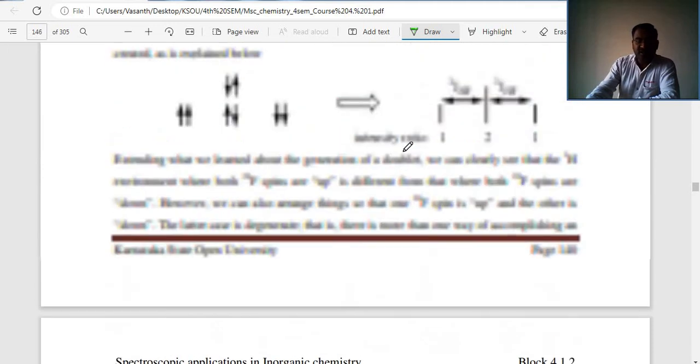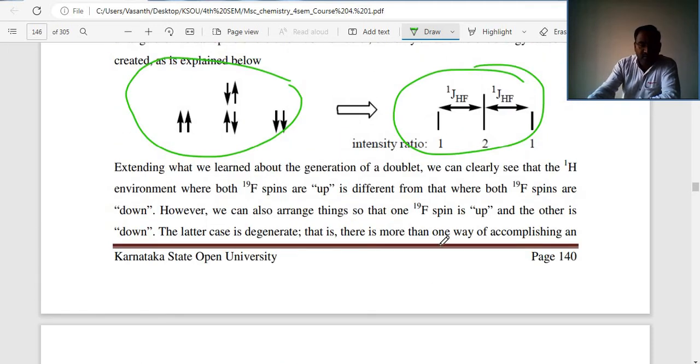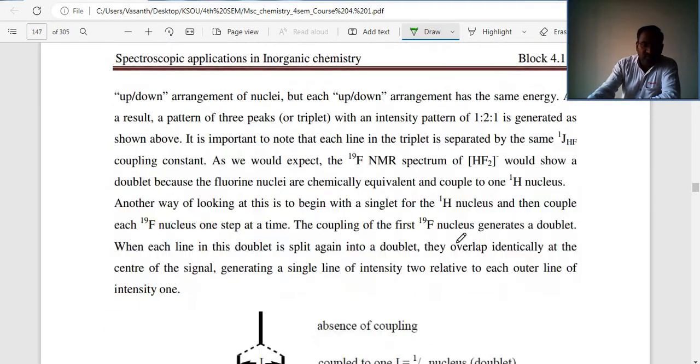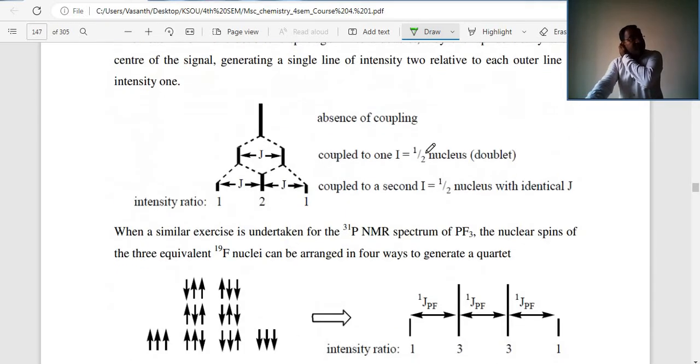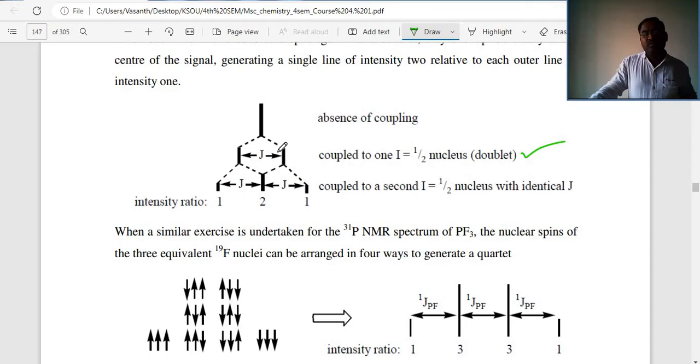Next we consider, from this topic, in the absence of coupling, coupled to one nucleus with I equal to a half, it is a doublet. For two, it is 1:2:1, that is the Pascal triangle.